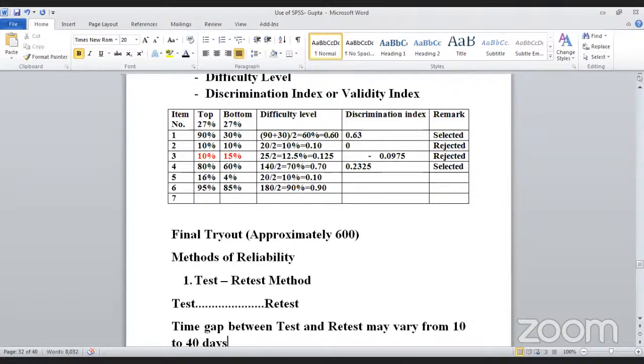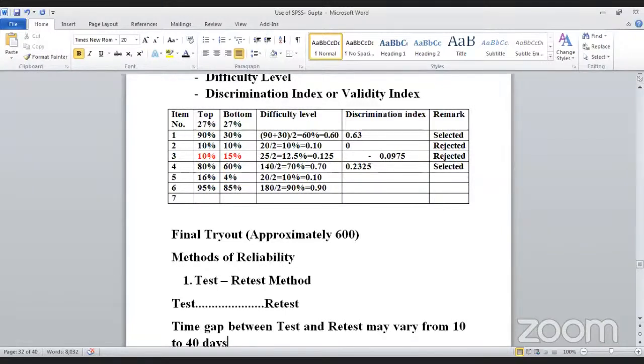And due to maturation, it is quite possible that those items which they could not answer correctly, they may answer correctly later on, or they may change their responses. Earlier on the scale, their responses were something, and later on they may change them because of experience. So if you want to have a larger time gap between test and retest, you can have it, but the reliability coefficient will be low.